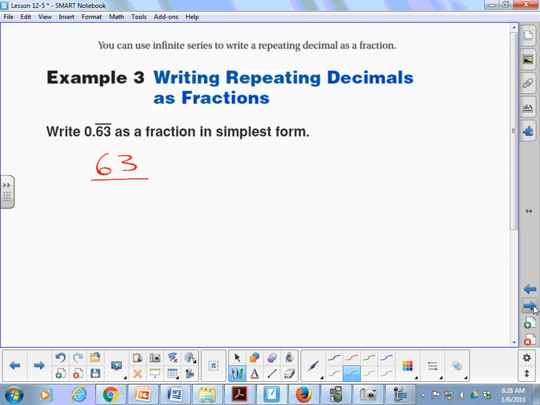I have 2 numbers repeating, so I put 2 9s in the denominator, and then I simplify the fraction. And that's all you got to do. So that was the hardest thing. No, I was being sarcastic. So however many numbers repeat, you put that many 9s in the denominator and simplify the fraction. So 63 over 99 simplifies to 7 over 11.